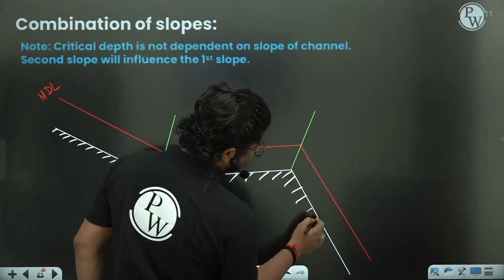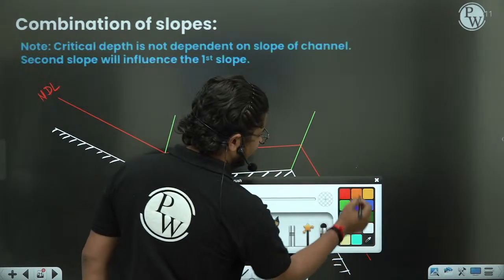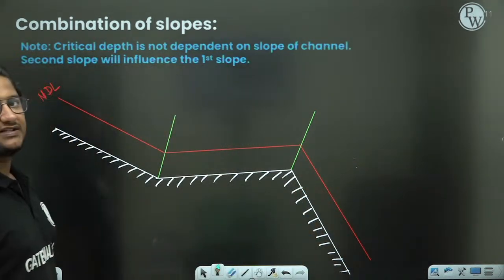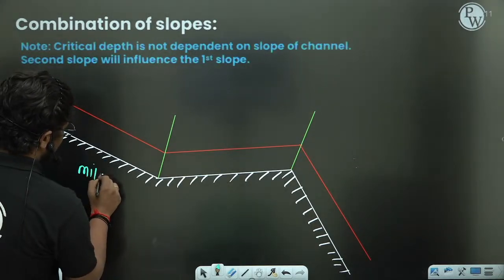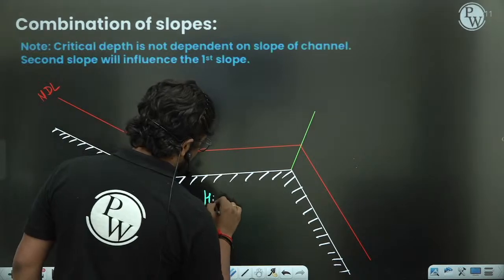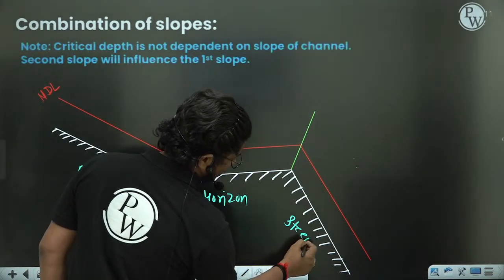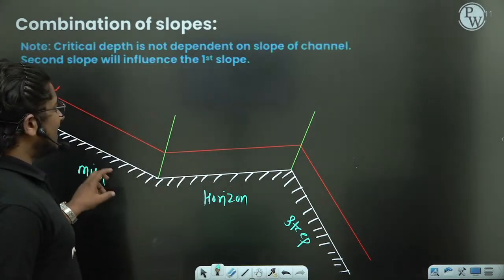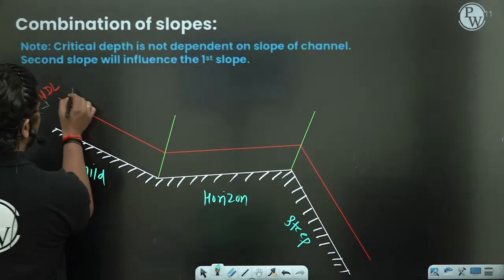Now understand very clearly how I am drawing the flow profile. Right now it is the mild slope, then the horizontal slope, and then the steep slope. When you are in a mild slope and you know that the next slope is the horizontal slope, will your depth rise or fall?